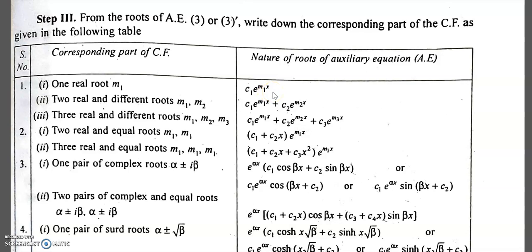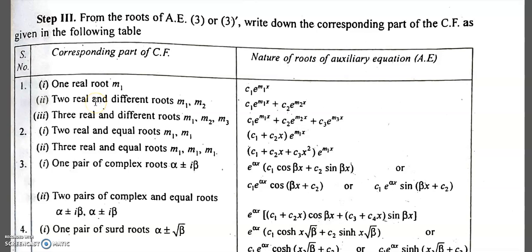From our last lecture we know that the complementary function involves arbitrary constants: c1 for one constant, c1 c2 for two constants, c1 c2 c3 for three constants. So if a first order differential equation has only one root m1, we write the solution as c1 e to the power m1x.